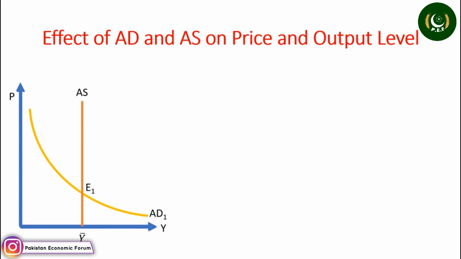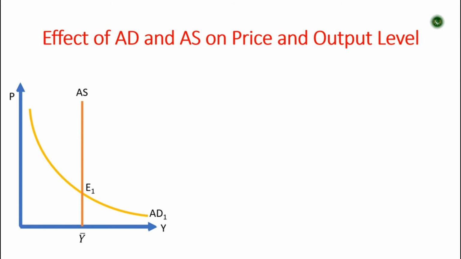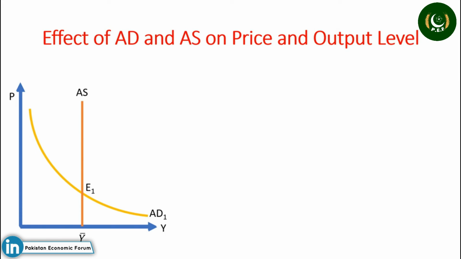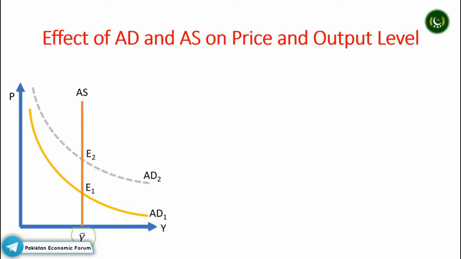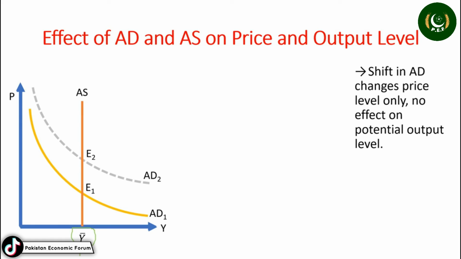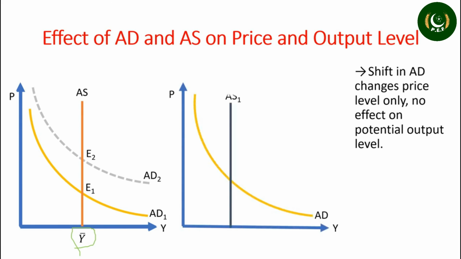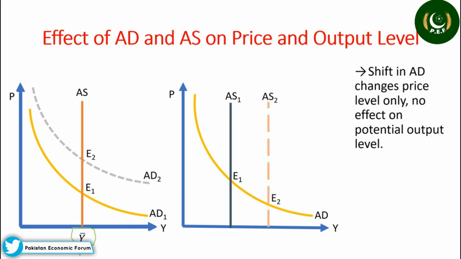This is shown in this diagram, where the movement of aggregate demand does not influence the output of the economy. On the other hand, if because of any factor the aggregate supply curve shifts, it changes the level of output as well as the price level.